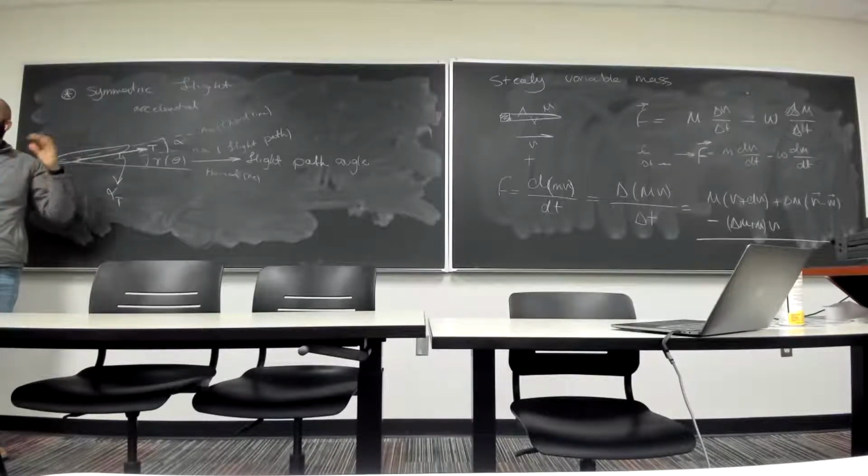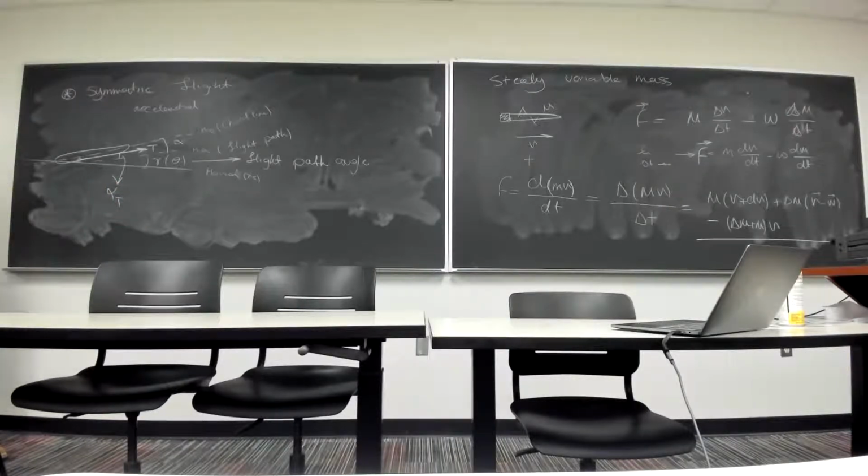For most of the problems, you're going to be dealing with this symmetric flight, which is the easier type of flight. So let's find the equations of motion for the accelerated symmetric flight. And these are the equations of motion we are going to come back to again and again.